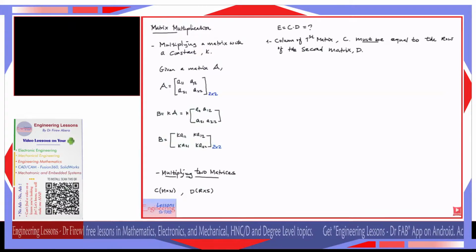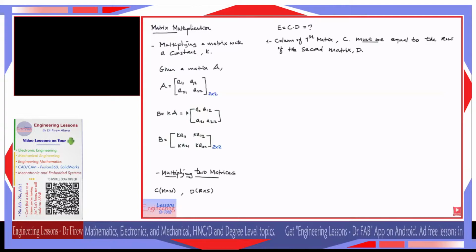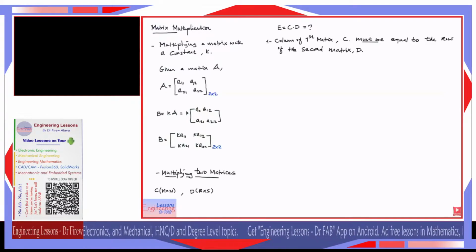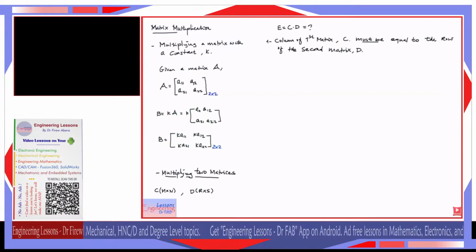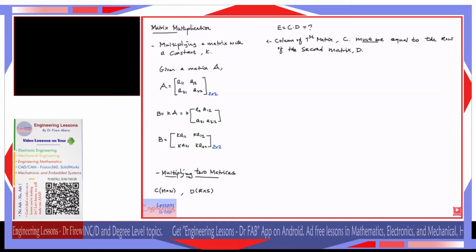This is for a product between the two to exist, specifically in this case C times D.